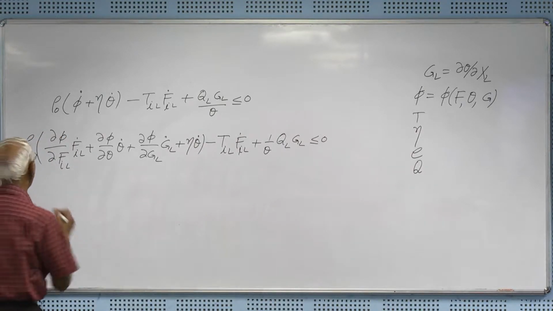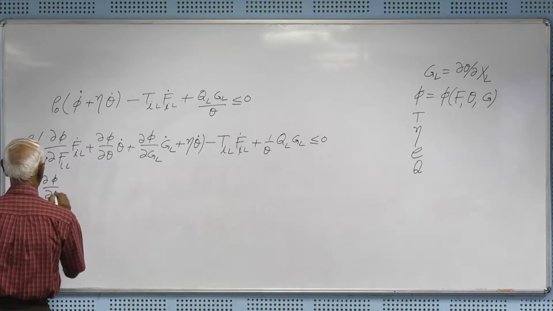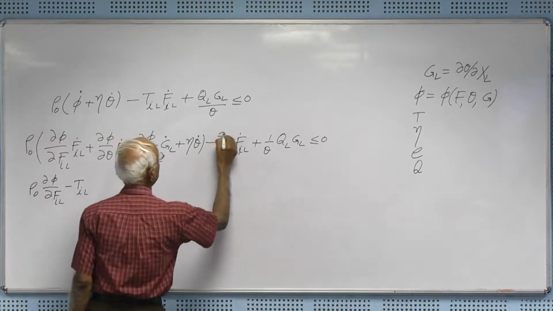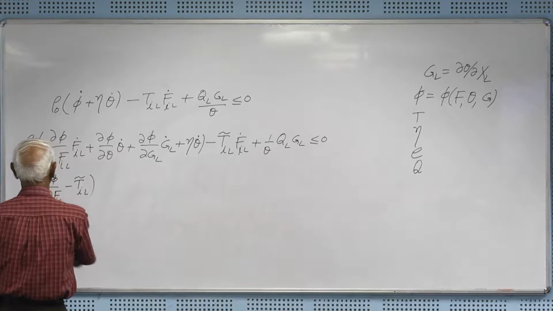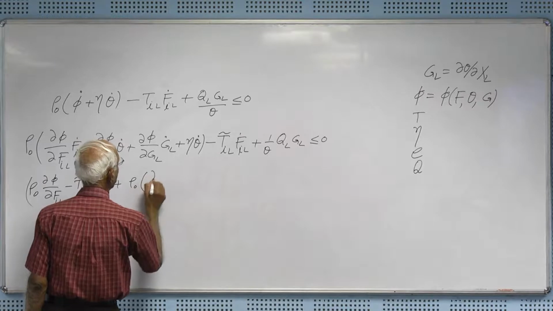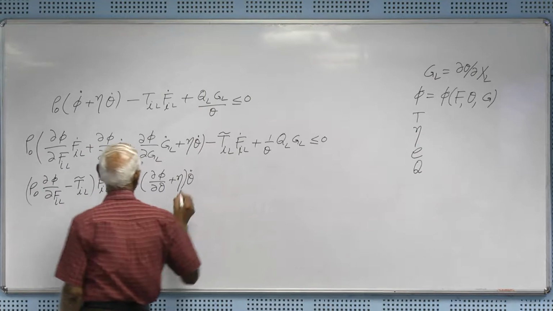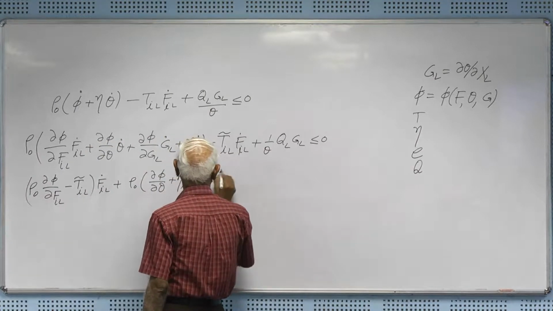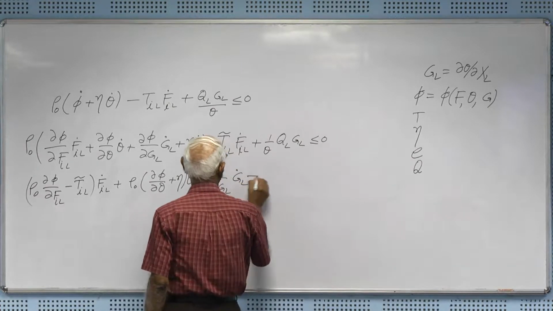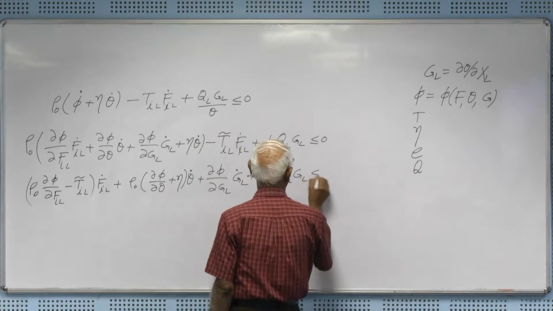So if I rewrite it, I have rho 0 ∂phi/∂F_iL minus T_iL times Ḟ_iL, plus rho 0 ∂phi/∂theta plus eta times theta dot, plus ∂phi/∂g_L ġ_L plus 1 over theta q_L g_L is less than or equal to 0.